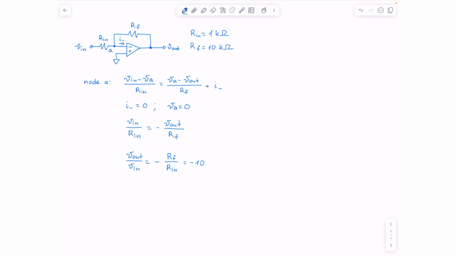Now let's compare with non-ideal case. We have the following circuit, and if we derive the voltage gain V out over V in for this circuit, we will get the following equation.